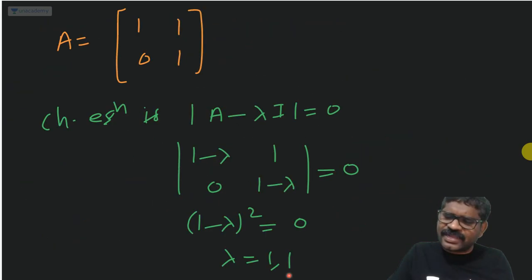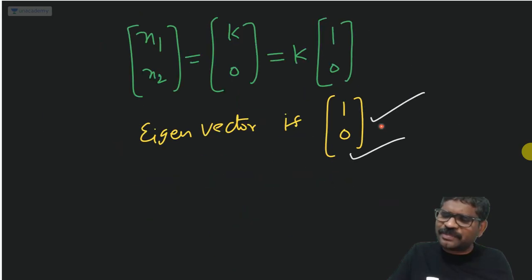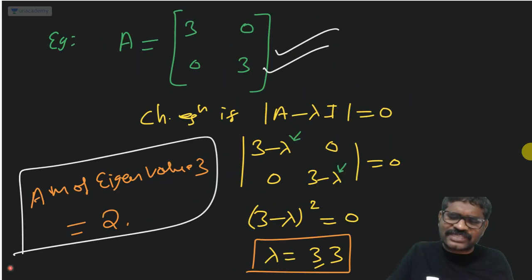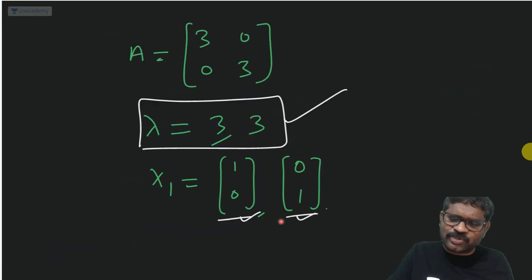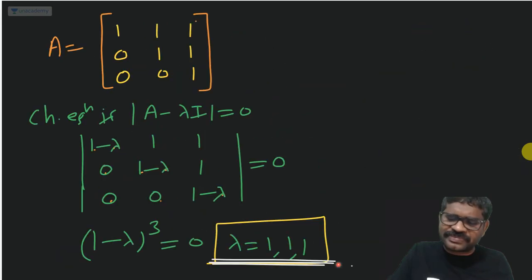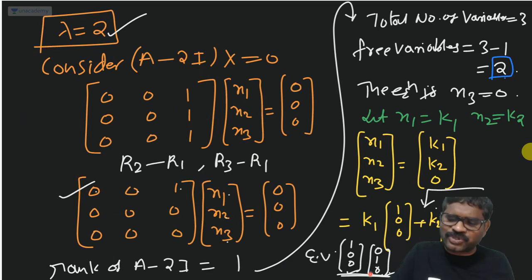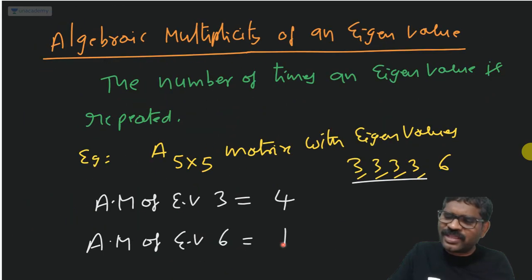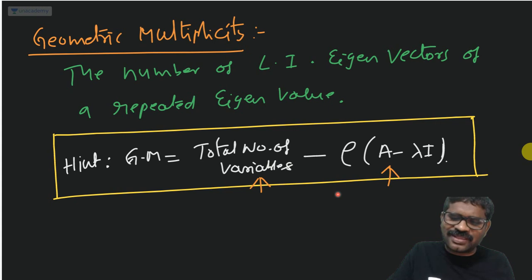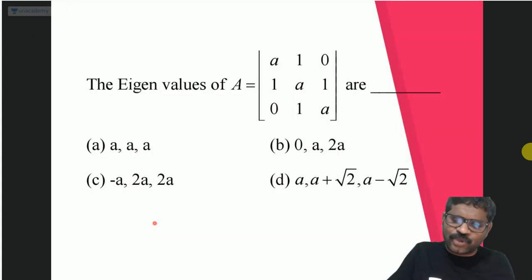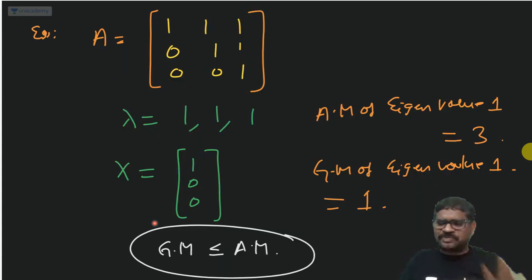This is the core concept of matrix theory. If you understand this, you can solve any problem. Writing properties and solving problems is of no use. You must know the concept. If you know the concept, you can solve any problem.